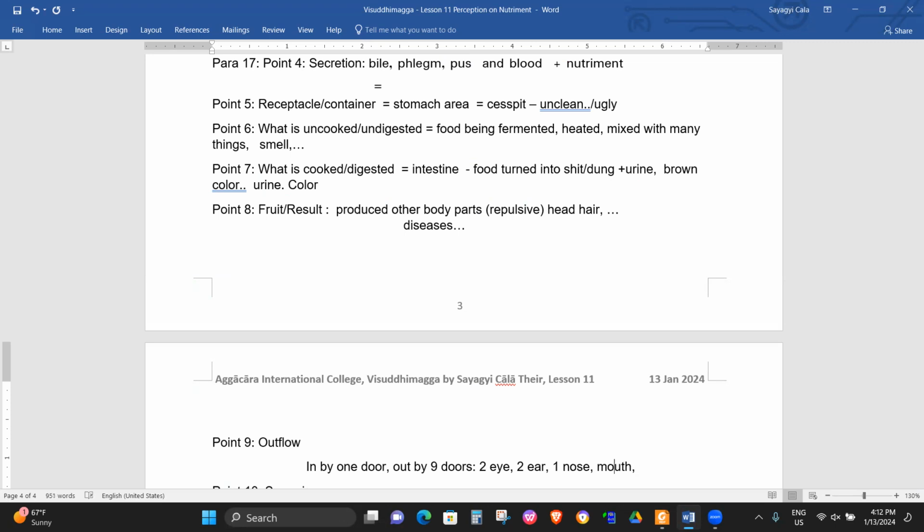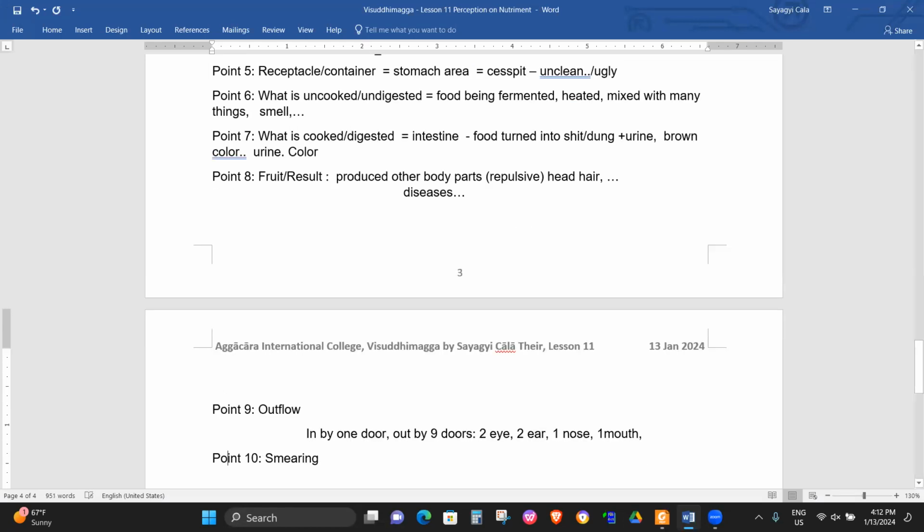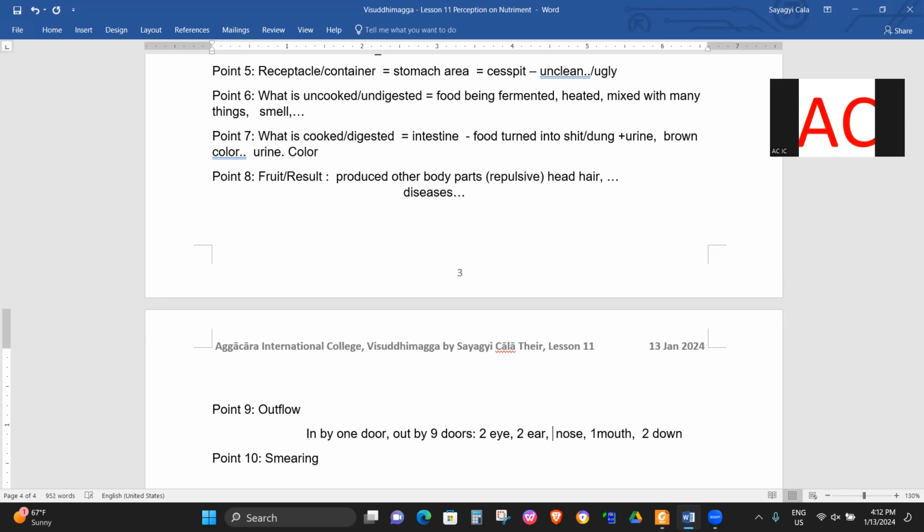And then the urine and feces, so down there we have 2 below the body, so 2 down, okay. 1, 2, 3, 4, 5, 6, 7, 8. Another one. What is another one? Nostril, 2. Oh, yeah. Oh, 2 nostrils, all right?